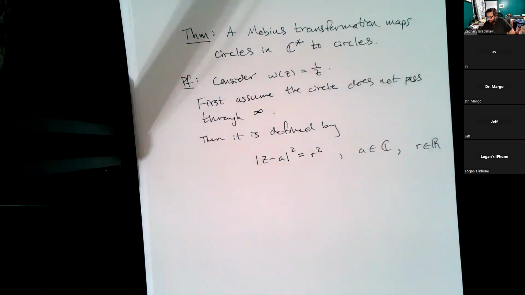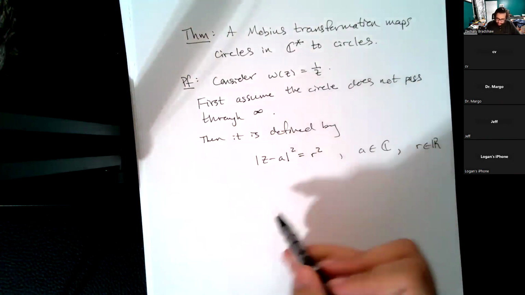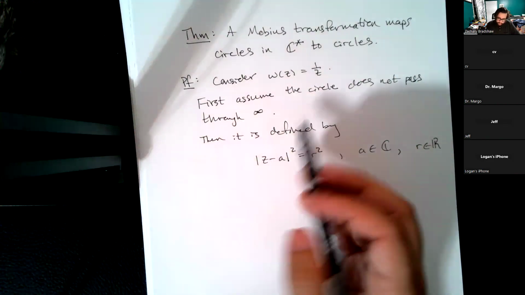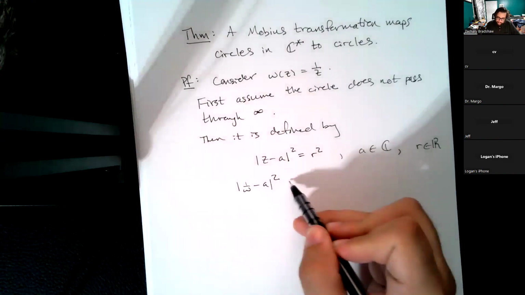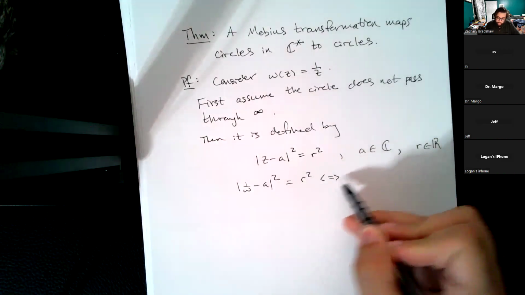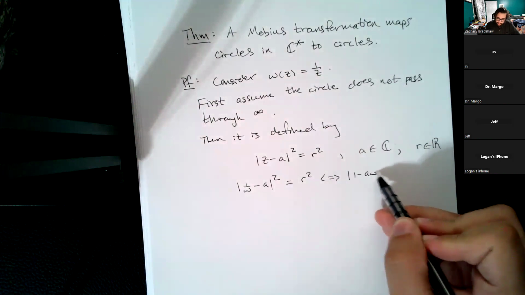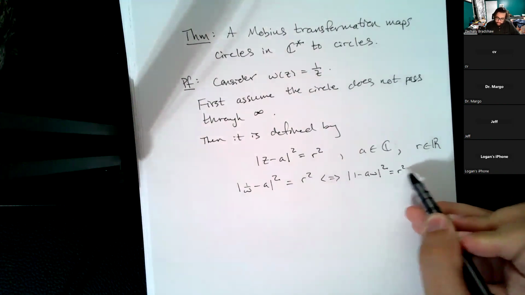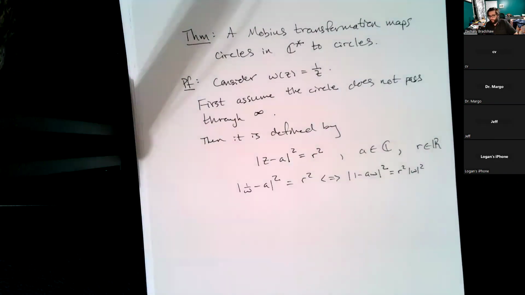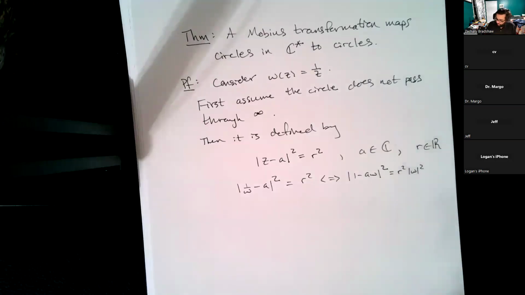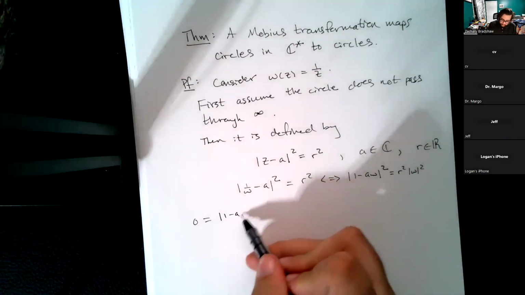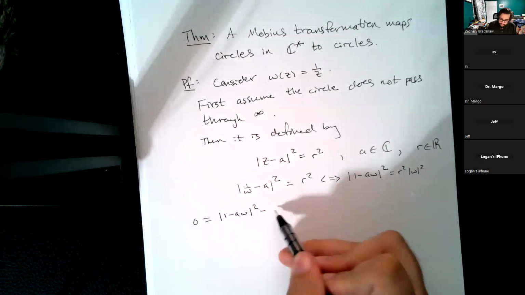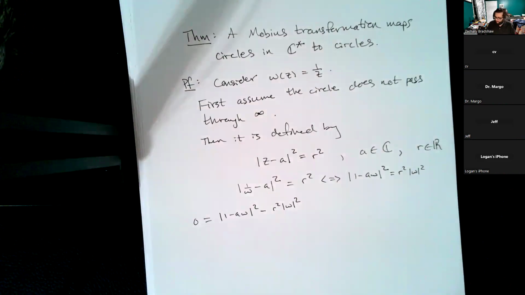Then the image of the circle, so this w guy, satisfies, well, z is 1 over w, so we have modulus of 1 over w minus a, squared, equals r squared, which is equivalent to modulus of 1 minus aw, squared, equals r squared times the modulus of w squared. And this is equivalent to 0 equals modulus of 1 minus aw, squared, minus r squared times modulus of w squared.